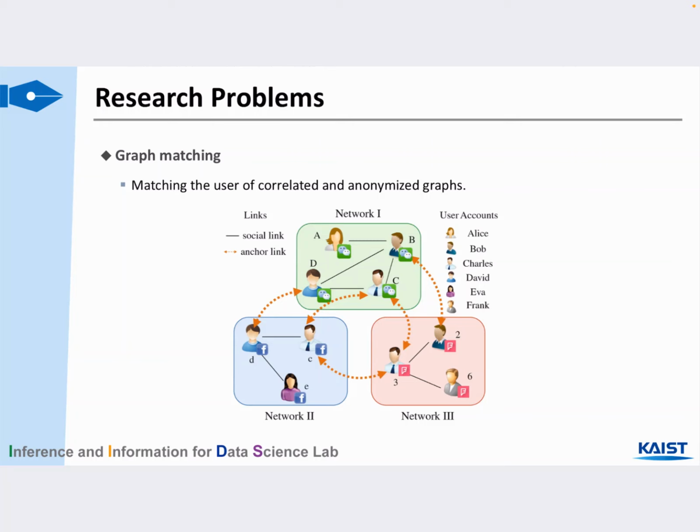To make big data, we may gather data from different social network services. However, companies usually anonymize their users due to personal privacy problems. So we do not know which node in one graph belongs to a node in the other graph. Therefore, the goal of graph matching is to match the nodes in many different graphs, using graph structures only but not using any personal information.